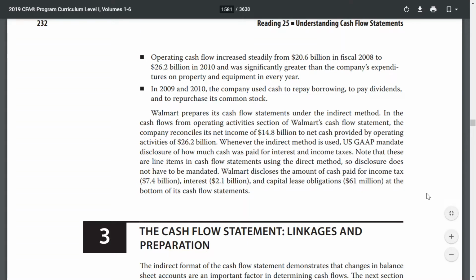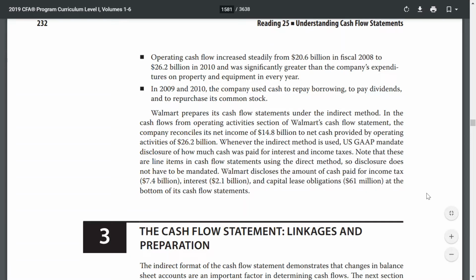Walmart prepared its cash flow statements under the indirect method. In the cash flow from operating activities section of Walmart's cash flow statements, the company reconciles its net income of $14.8 billion to net cash provided by operating activities, $22.2 billion. Whenever the indirect method is used, US GAAP mandates disclosure of how much cash was paid for interest and income taxes.